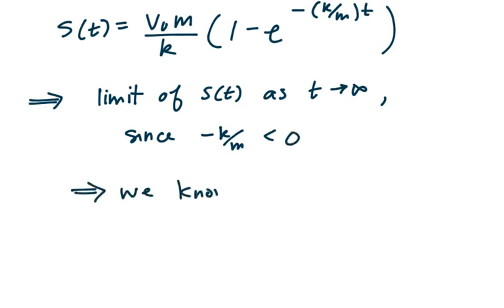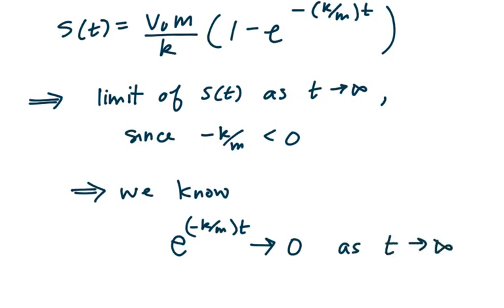Then we know that e to the negative k over m t approaches 0 as t becomes infinitely large.